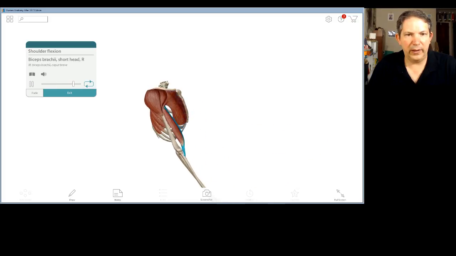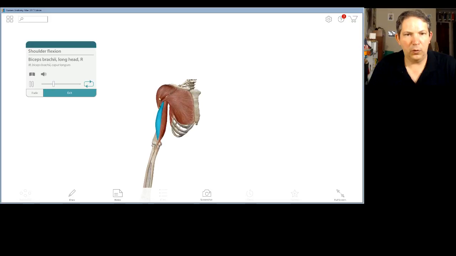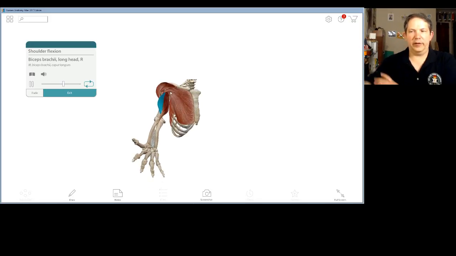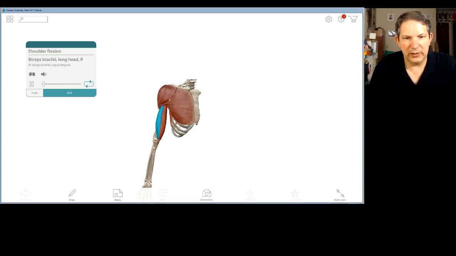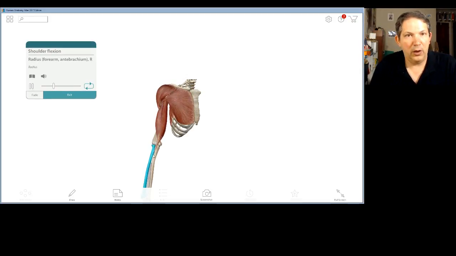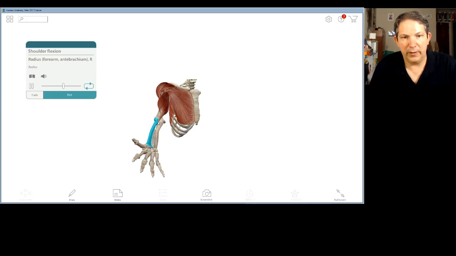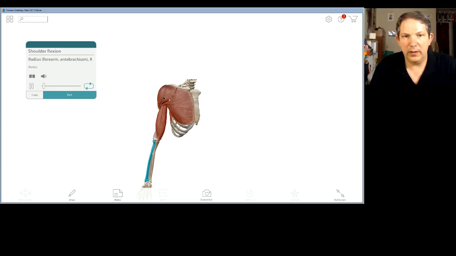And you wouldn't think of the biceps as working on the shoulder joint. You think of the biceps as working on the elbow joint primarily, right? Because the insertion point is down here on the radius, the radial tuberosity there. And yet, it is involved.